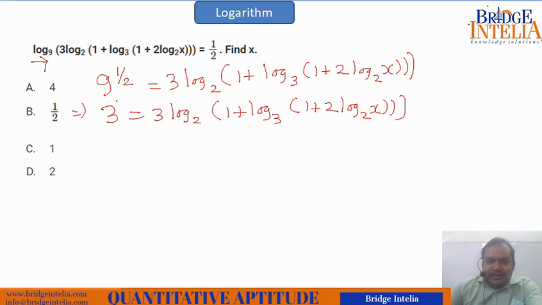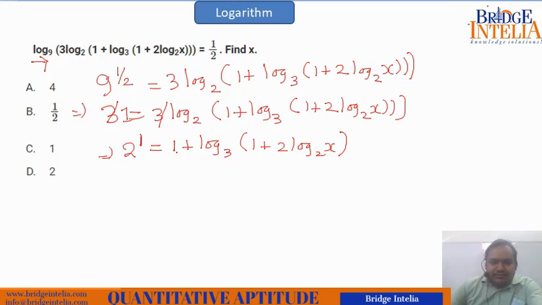So this 3 and this 3 cancel, becomes 1. So now 2 to the power 1 must be equal to 1 plus log of 3, so 1 plus 2 log 2x.